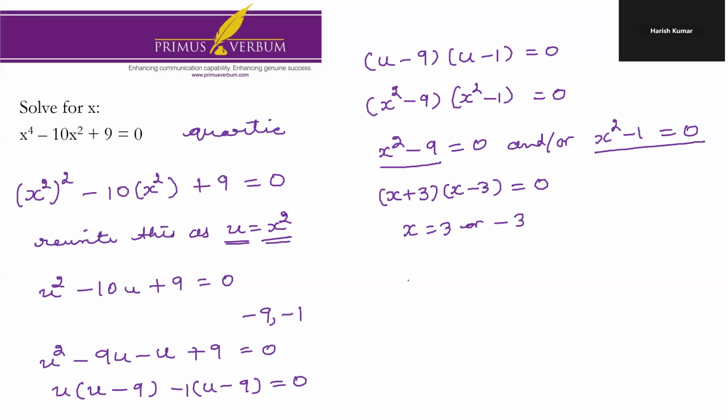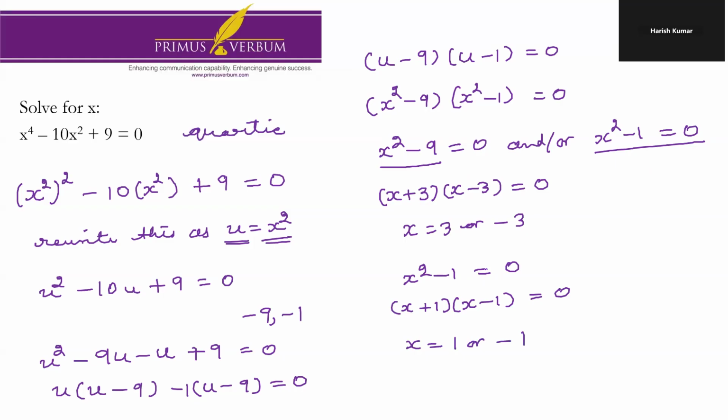Now let's take this. x square minus 1 is equal to 0. Again, using the result of product of differences, I can rewrite it like this, which means x is equal to 1 or minus 1.